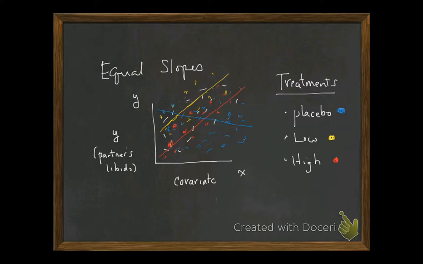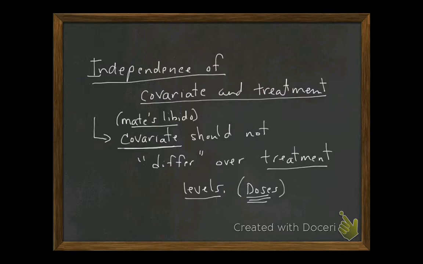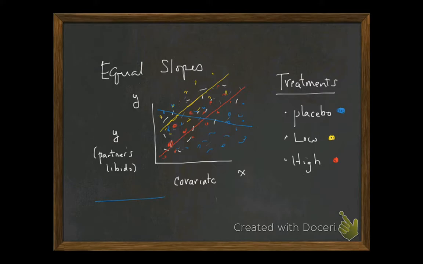In other words, we can go ahead and run our analysis in R, but the results are pretty much meaningless because of the violation of the assumptions. So these are going to be things that you're going to run into from time to time. Let me go back and change my thing back to white here. Again, we want independence of the covariate and the treatment, and we want equal slopes. Okay. Now, there's a really fancy way to test this equal slope assumption, and I'll point that out to you.